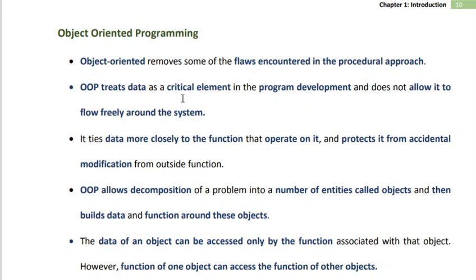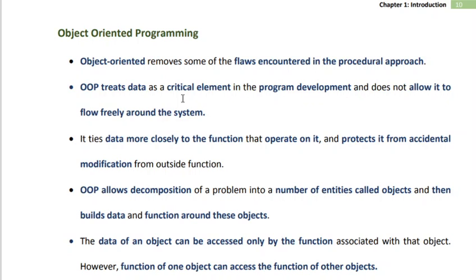Or we can put it in another manner: objects are responsible for managing their own data and methods. Objects do not share their data and methods with the other objects. The objects maintain their own data and the methods that they perform on the data.